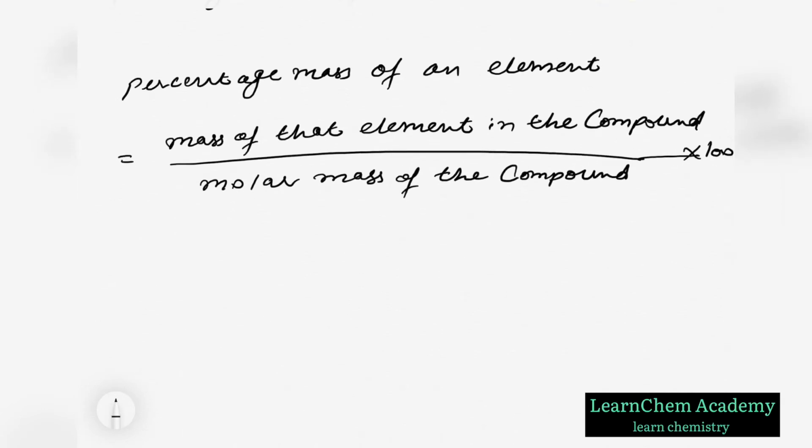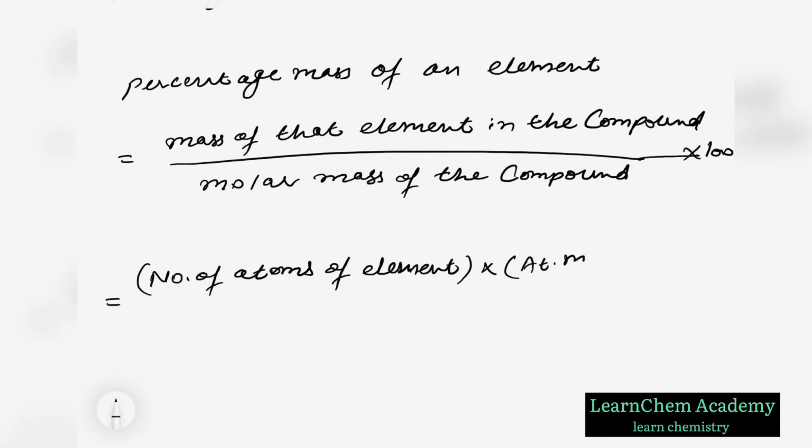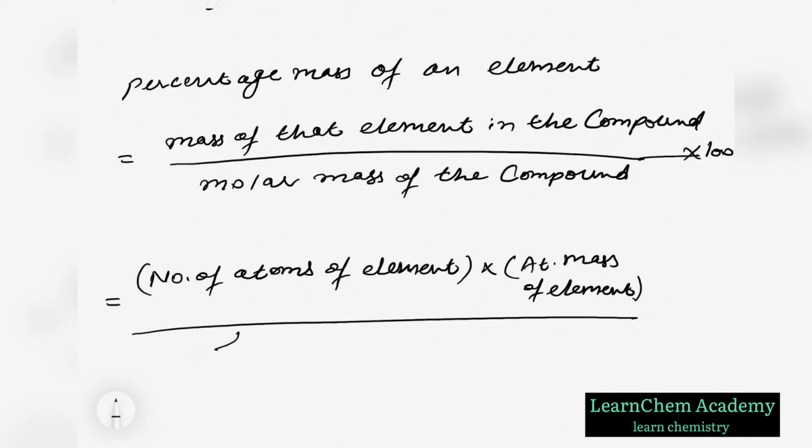We can also write this as: number of atoms of the element into the atomic mass of the element, divided by the formula mass of the substance, into 100.